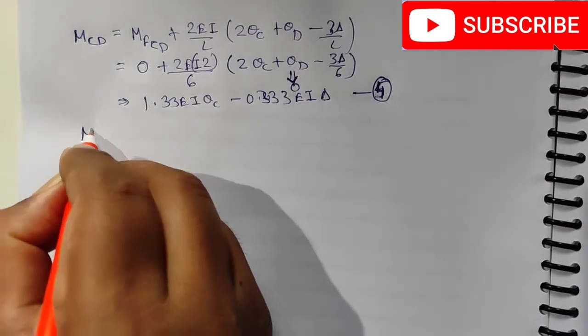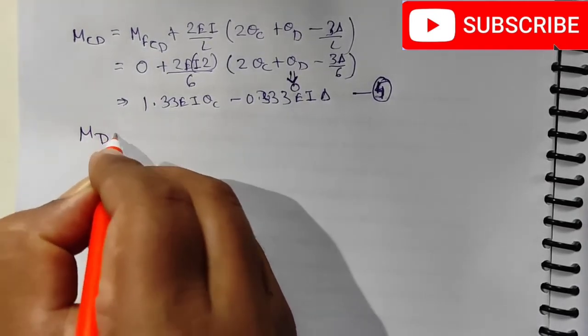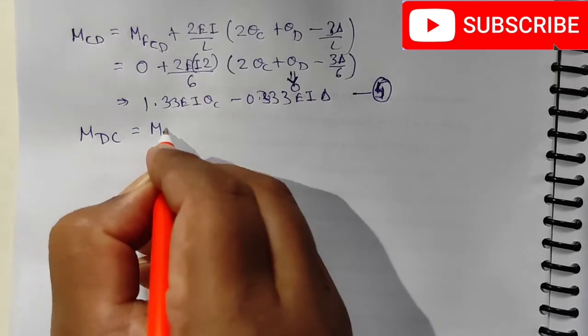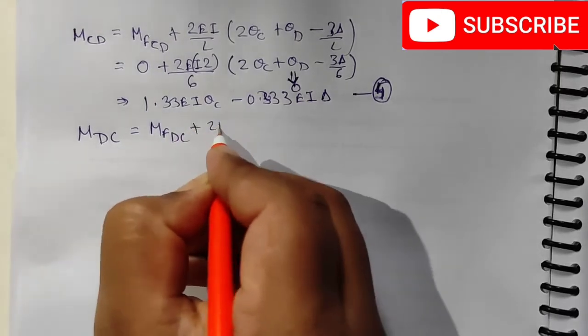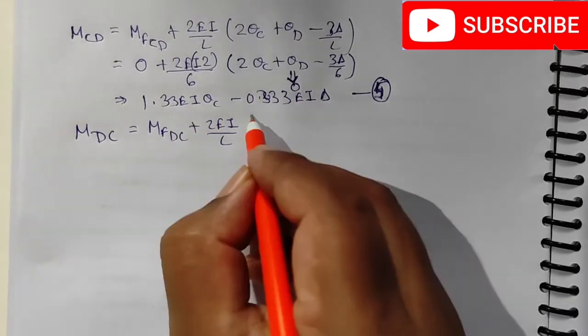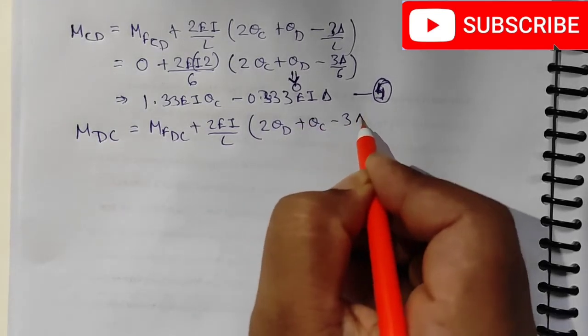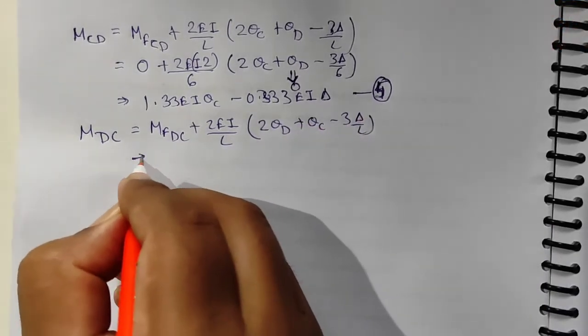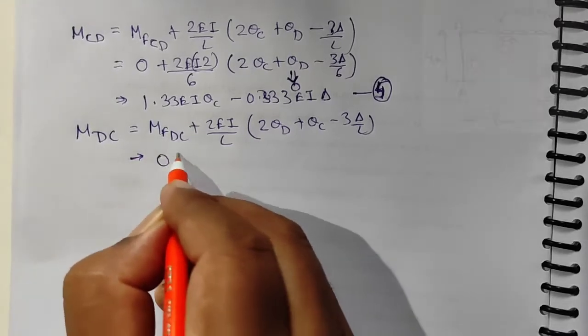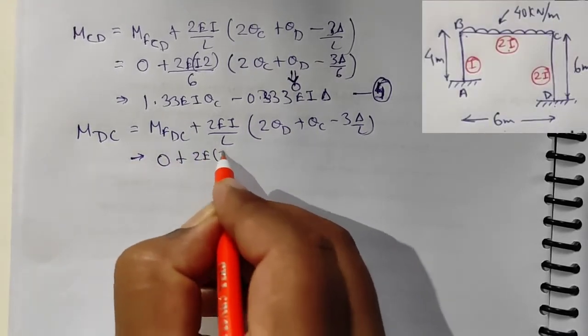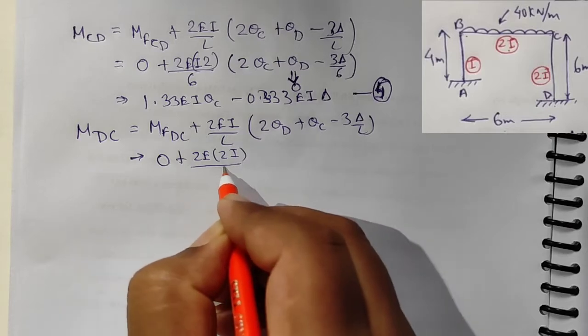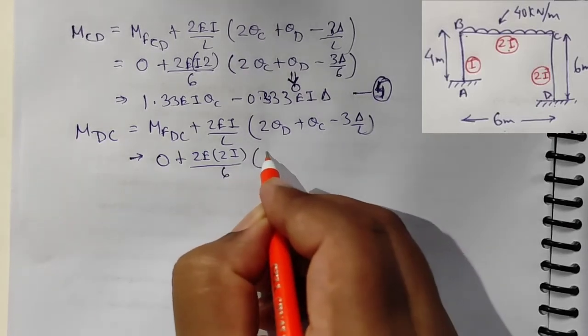Again for the last moment I will solve MDC, which will be equal to fixed end moment at DC plus 2EI upon L multiplied by 2 theta D plus theta C minus 3 del upon L. After this we'll put the values, that is 0 plus 2EI multiplied by 2I divided by 6, for the same member.